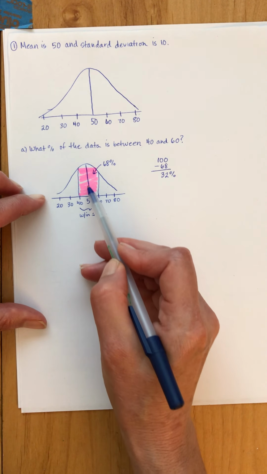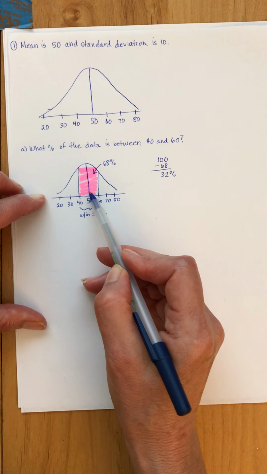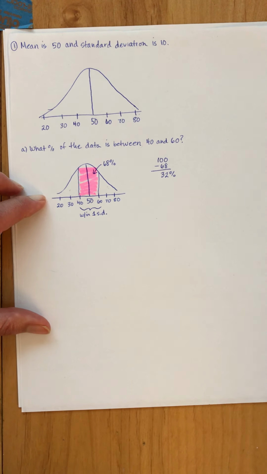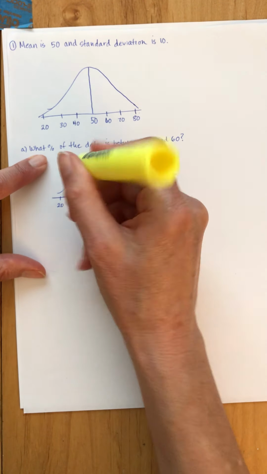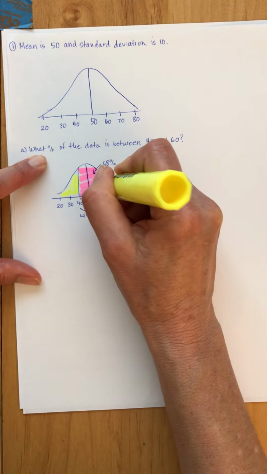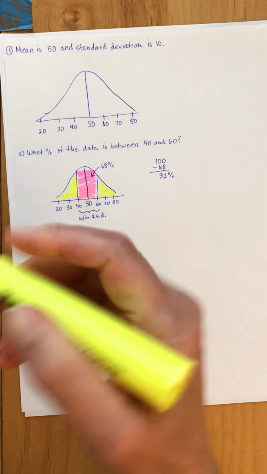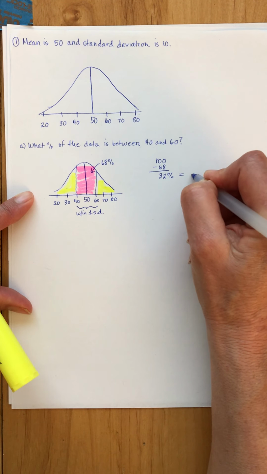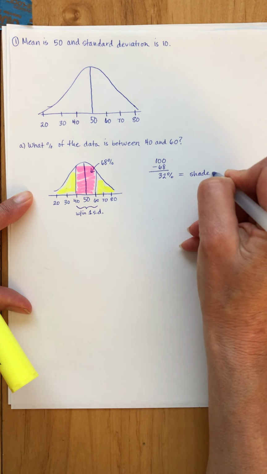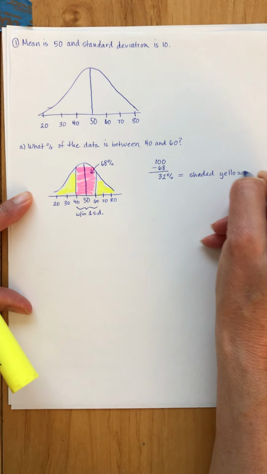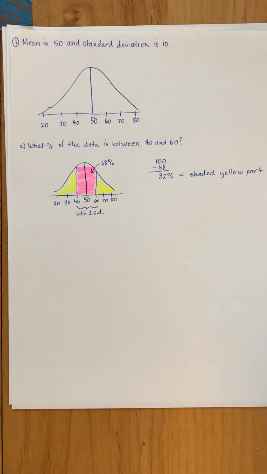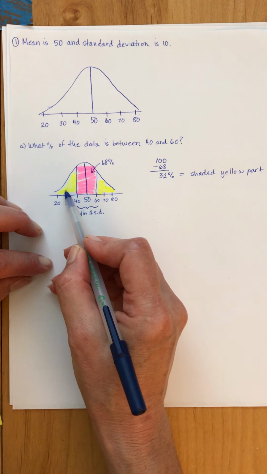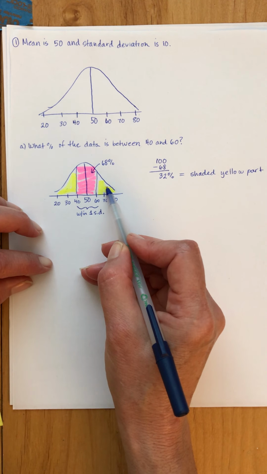But because the mean divides it in half, this piece here is equal to this piece here, so let's color it in a different color. The yellow part equals the other yellow part. Because it's symmetric about the mean, half of that 32 has to be here and half of that 32 has to be here.